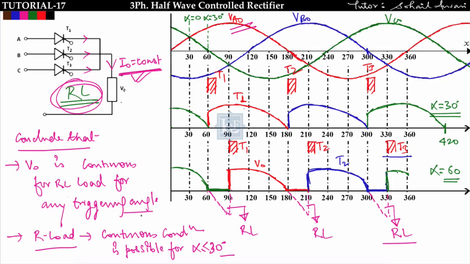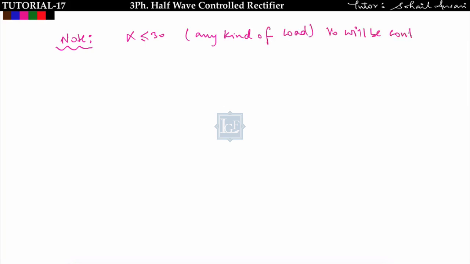Now we will derive the average output voltage for different triggering angle. So I will make one note: for alpha less than 30 degree, any kind of load, output voltage will be continuous, that we have seen. In this case, what will be the V0 average?